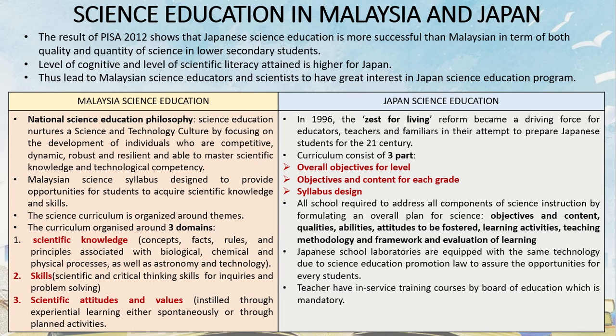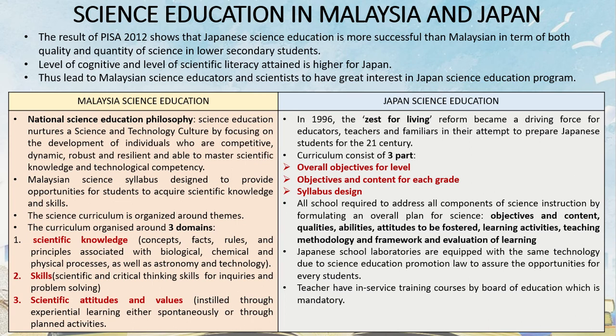The Malaysian science syllabus is designed to provide opportunities for students to acquire scientific knowledge and skills. The science curriculum is organized around themes. The curriculum is organized around three domains, which are scientific knowledge, skill, and scientific attitude and value.